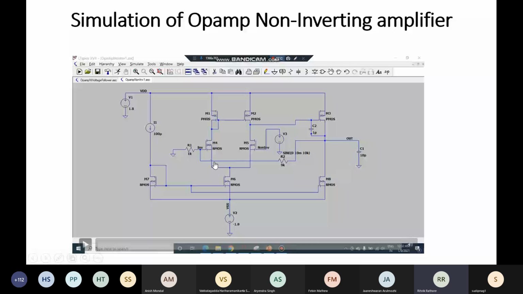And VGS of this transistor plus VDS of M6 NMOS is equal to 1.8 volt. So as you continue to decrease W, your VGS becomes larger and larger to maintain the same current, and there is a small room left for VDS of this transistor. There would come a point when the VDS of this transistor falls sufficiently low that it gets out of saturation and enters triode mode.